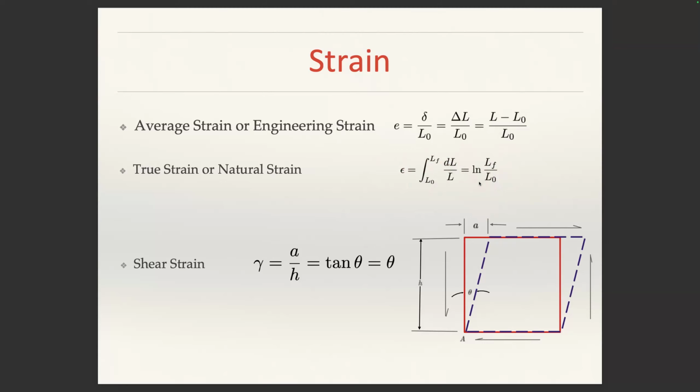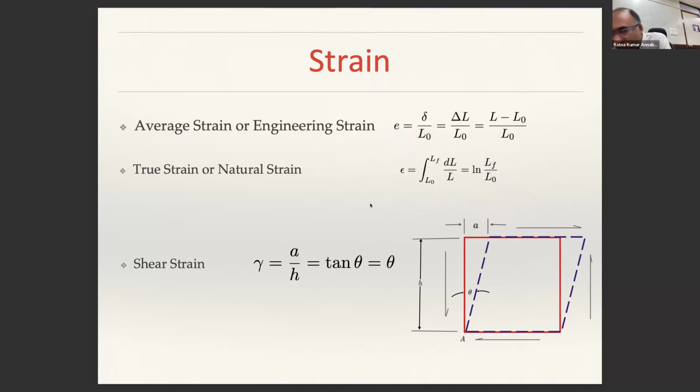Sir, can we say this true strain is an instantaneous strain at that point? D epsilon. So the way that we need to define a true strain is d epsilon. That means instantaneous strain is dL by L. Let me write it down for you.